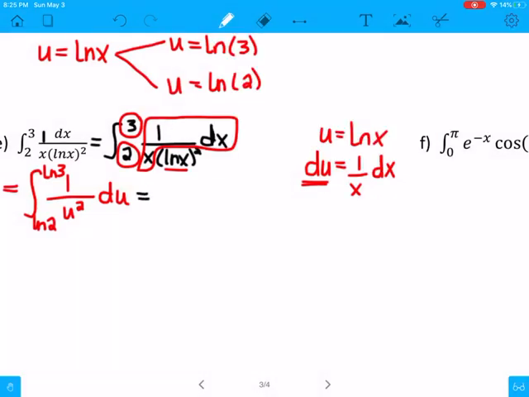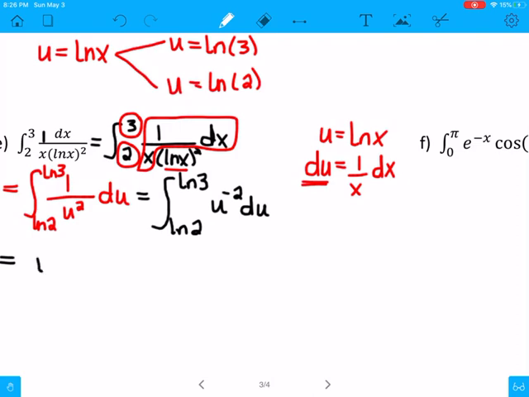I'm actually going to rewrite it because the easier way to do an integral is to raise that u up. So u squared on the bottom is the same as u to the negative 2 du, and that's easier for me to do an integral of. So u to the negative 2, if I add 1 to it, I'm going to get negative 1.